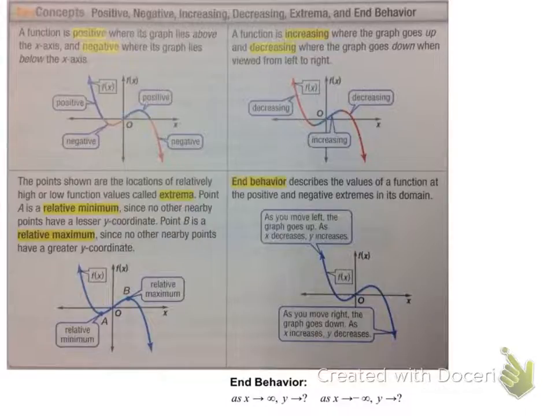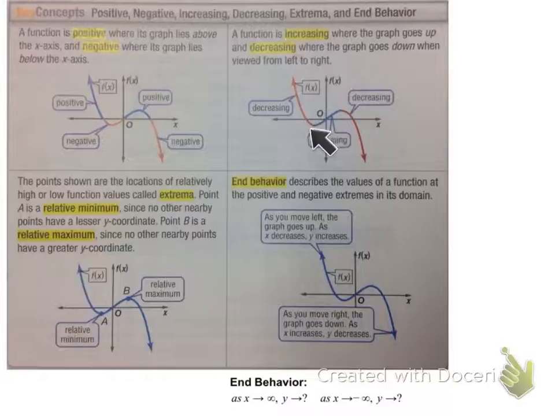The next one is increasing and decreasing. Now, we always look at our graphs, just like we do our equations, left to right. So I start over here and work my way this way. If I am starting at the left-hand side and I am falling, that part of the graph is called decreasing.